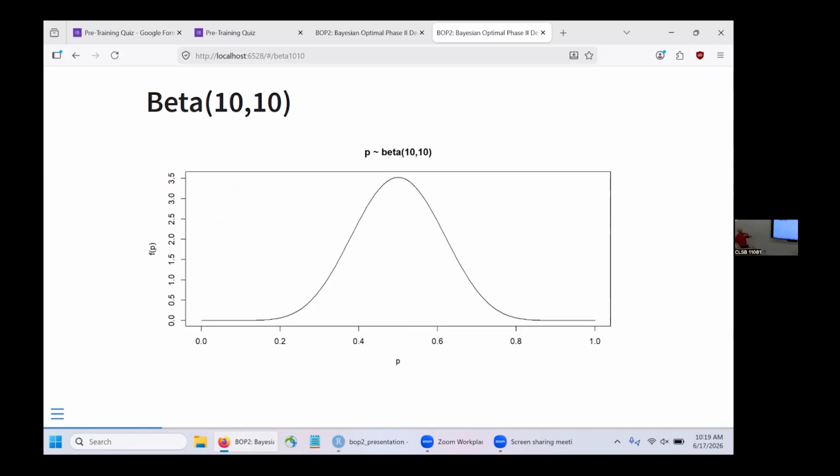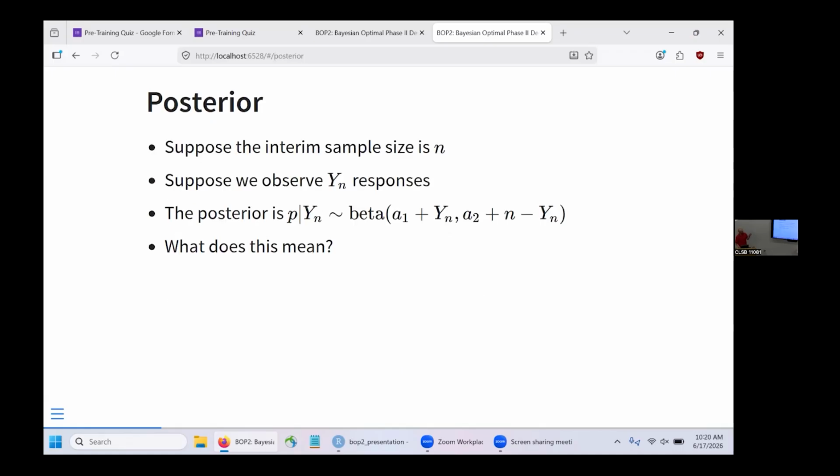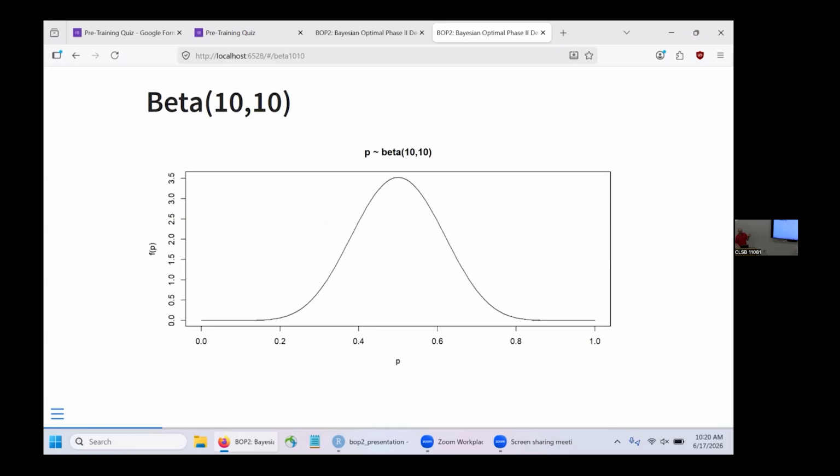As John Franco was pointing out, when you increase the values of those parameters, we're decreasing the variance and increasing the height of the peak of our density. So when we add this y sub n and the n minus y sub n, we're going to get a more peaked distribution. That implies more certainty, which makes sense. As we collect more data, we're going to have more confidence, essentially.